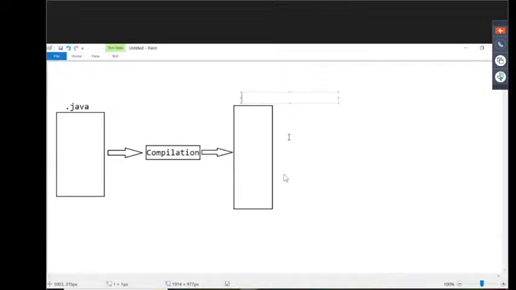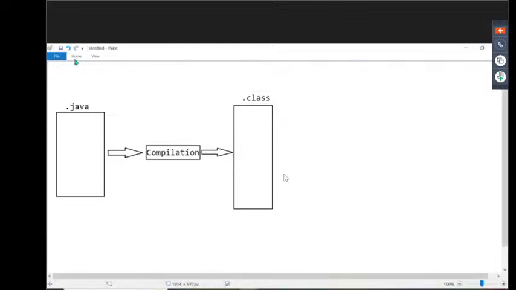What files? Dot class. In the case of C and C++, it is a dot exe file. In the case of Java, dot class files.